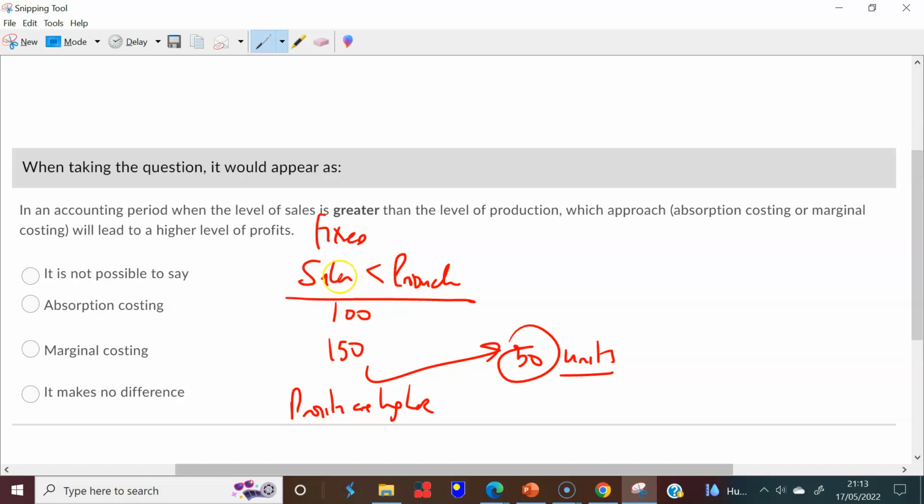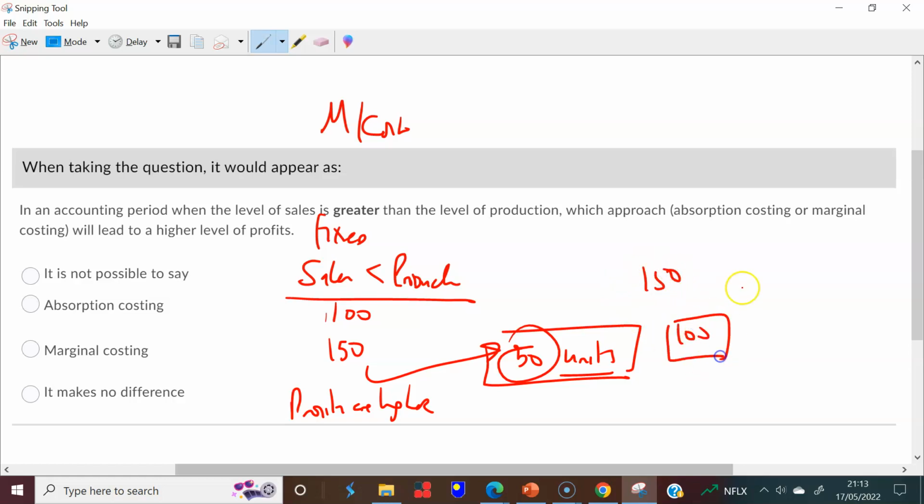But you see, with marginal costing, all the period costs happen in that period. But with absorption costing, you absorb the costs into the units, and they go into the next period. But that's the interesting thing, because now in this period, when you come to sell, imagine you're selling 150 units, but you only produced 100, and you're bringing in 50 from the prior period.